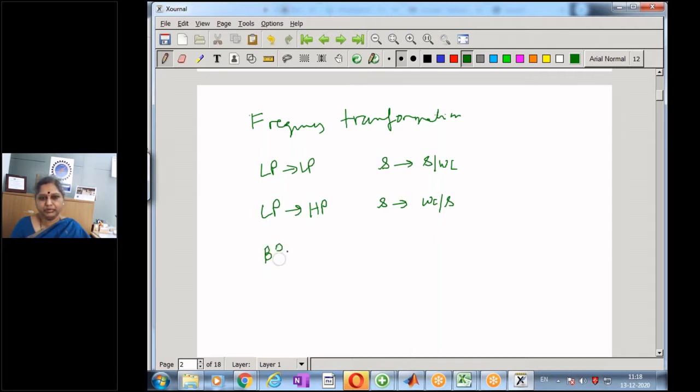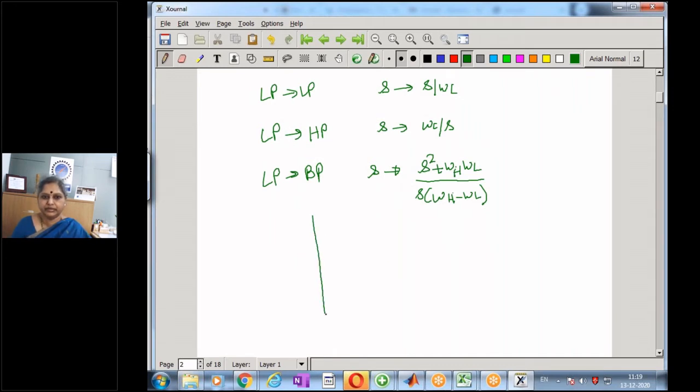Similarly, if I want to convert my low pass filter into a band pass filter, then I need to replace every S by S square plus omega H into omega L, divided by S into omega H minus omega L, where the magnitude of H of omega is a band pass specification.